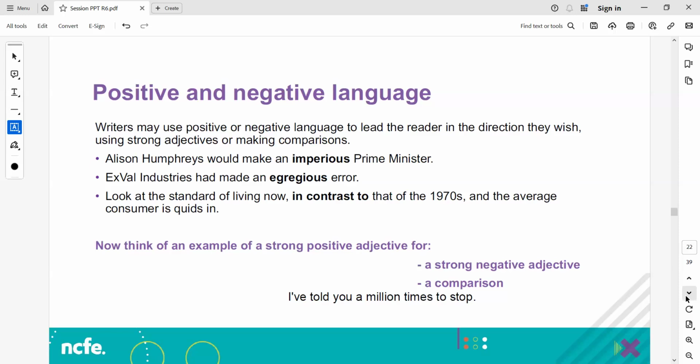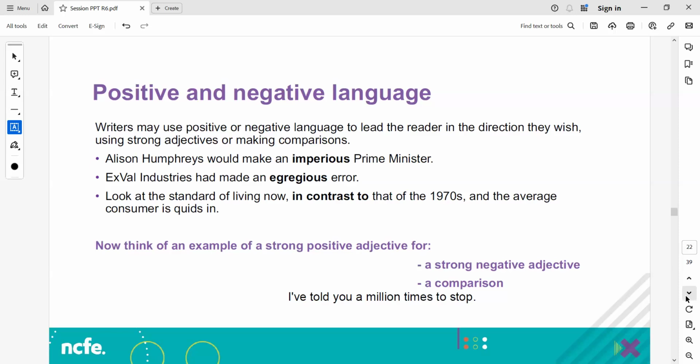So "Alison Humphreys would make an imperious Prime Minister." So, arrogant. Masterful. It's suggesting that this person would be an arrogant Prime Minister.